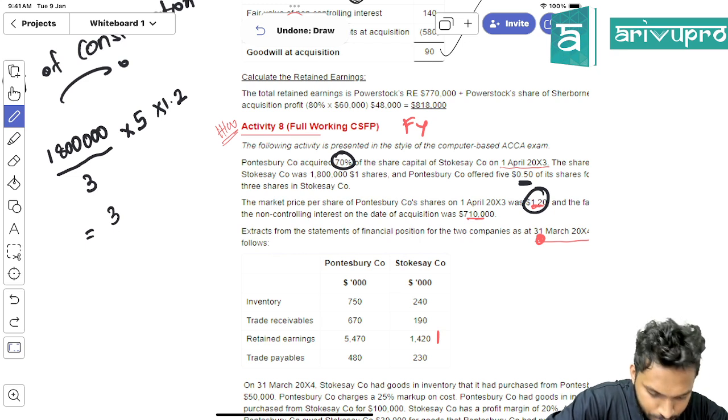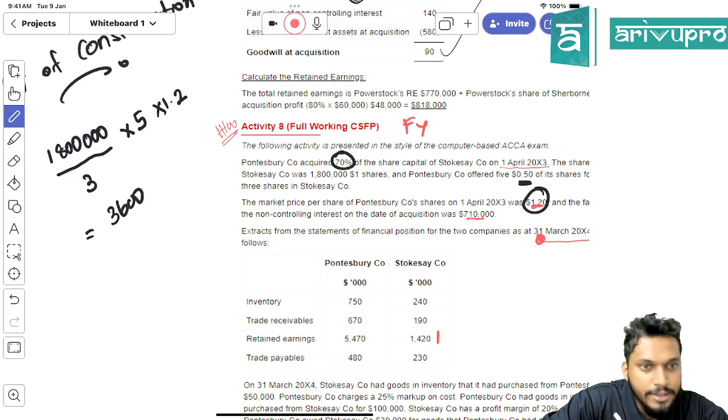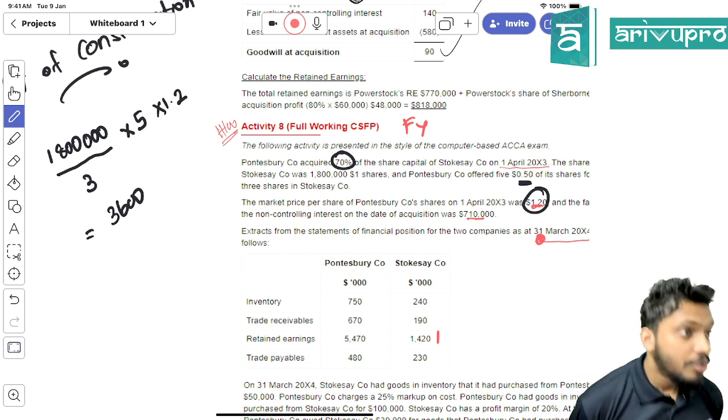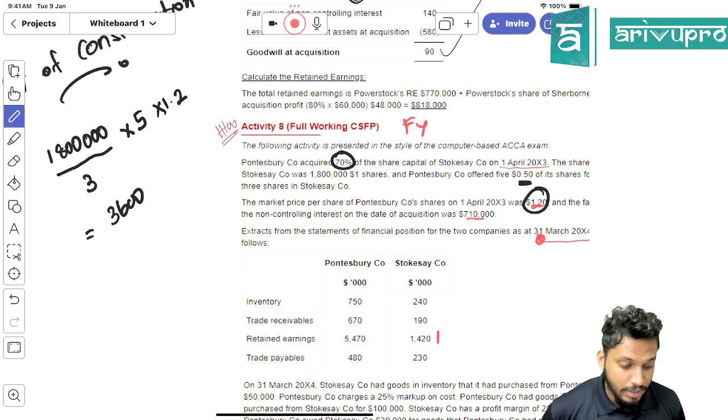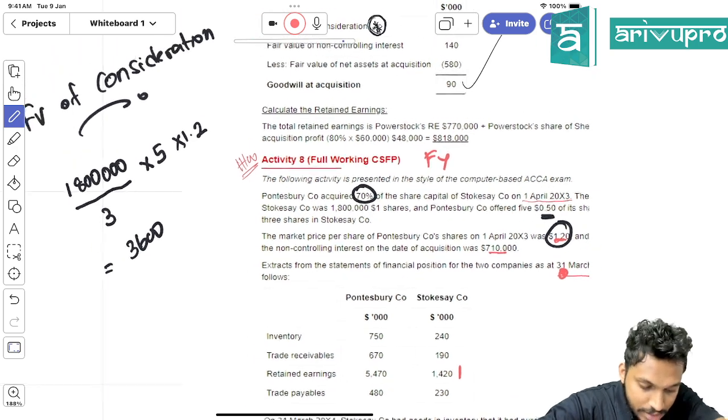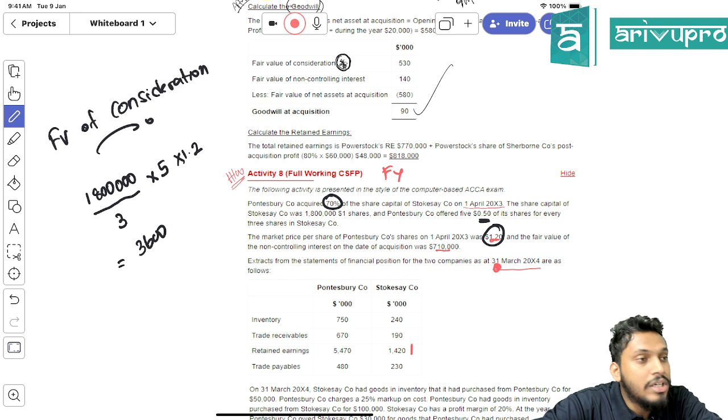Is that correct? 3,600? Okay, good. So this 3,600 is the total value of the shares.